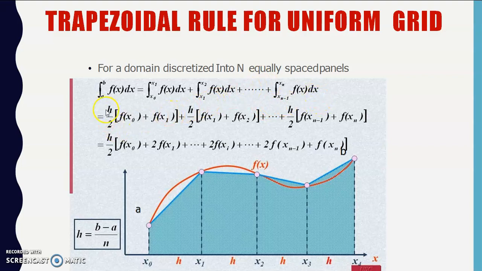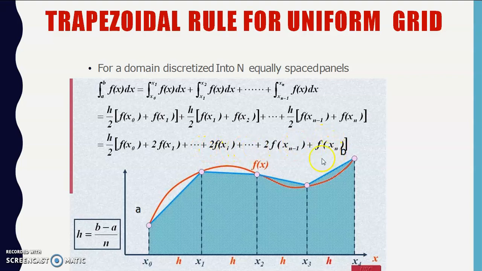By taking h upon 2 common, we get h upon 2 into (f of x0 plus f of x1) plus h upon 2 into (f of x1 plus f of x2) plus so on. Now by taking h upon 2 common, we get h upon 2 into (f of x0 plus 2 f of x1 plus 2 f of x2 plus so on).